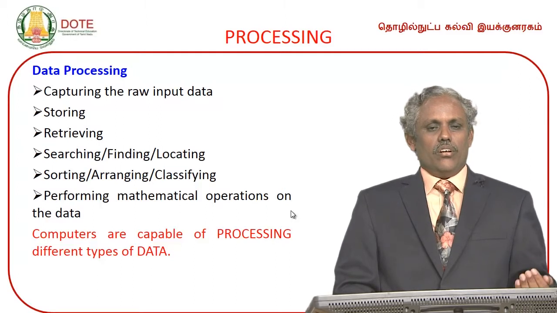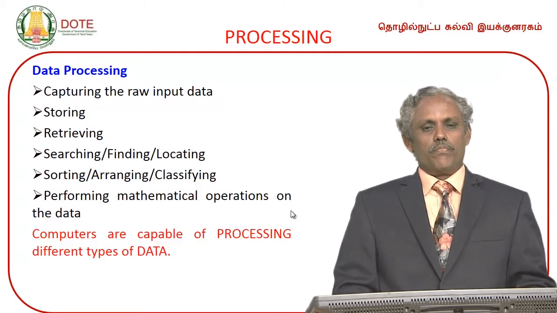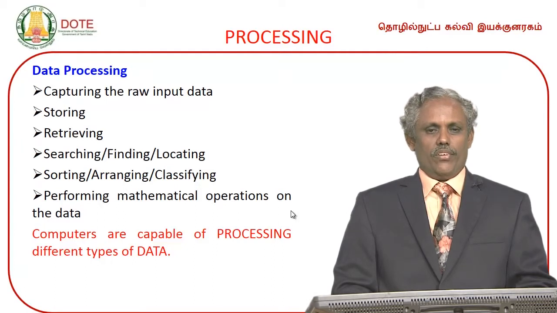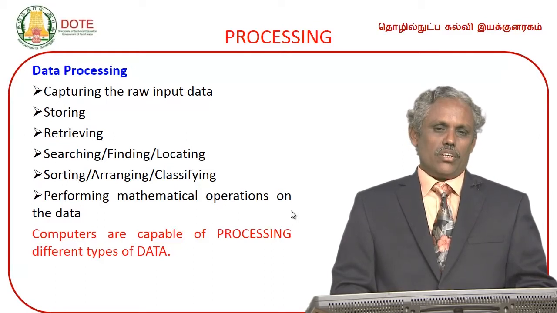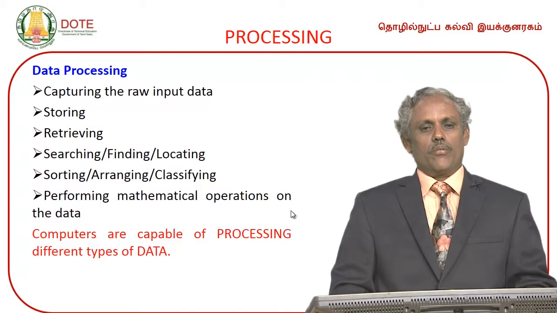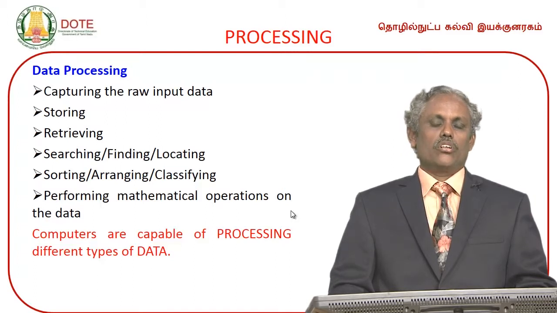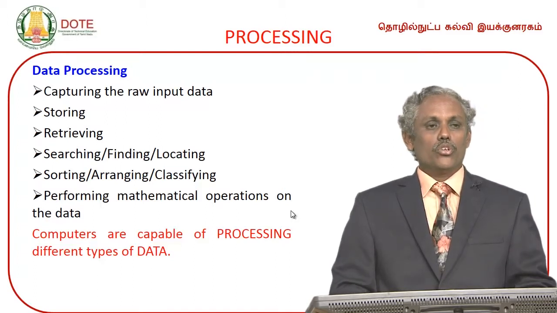Next, the computer performs some mathematical operations on the data. So, performing arithmetic operations or trigonometric operations, like applying trigonometric functions on those data, is also processing. So, computers are capable of processing different types of data.